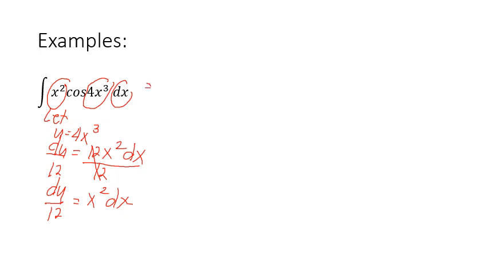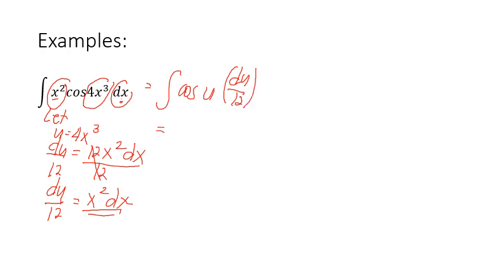So I have here integration of cosine of 4x cubed, which is equal to u, so I just put u here, and x squared dx is just equal to du all over 12. Sorry, because I isolated the value of x squared dx and I got du all over 12.